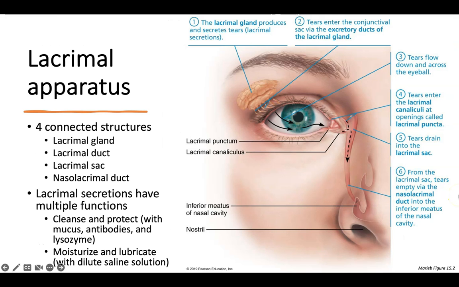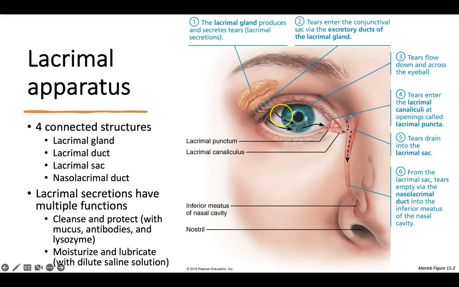So let's look a little more closely at the lacrimal apparatus. This actually includes 4 connected structures. We have the lacrimal gland. This produces and secretes tears, and those tears are secreted into lacrimal ducts, or the tear ducts.